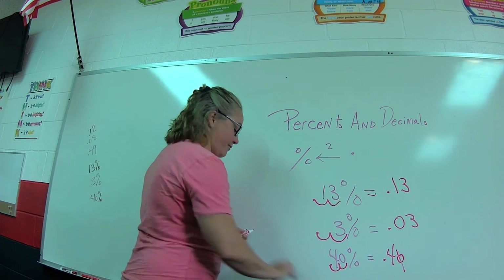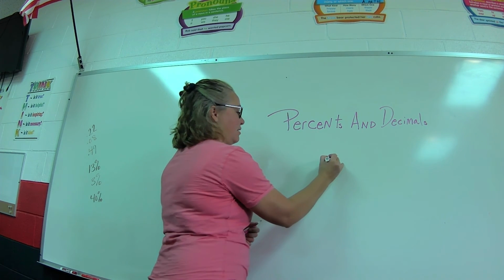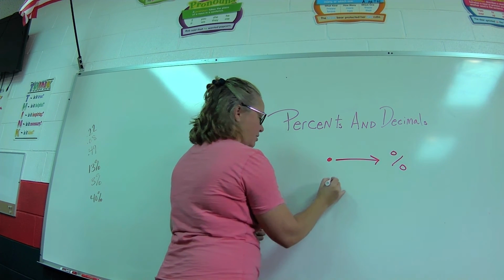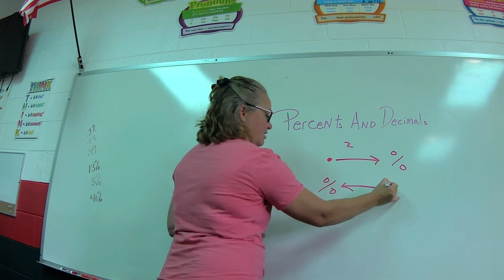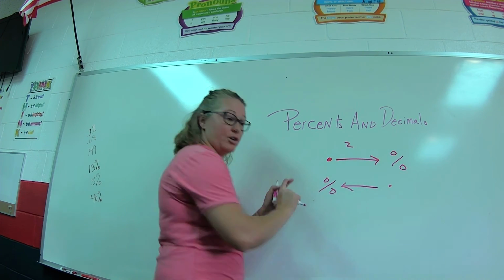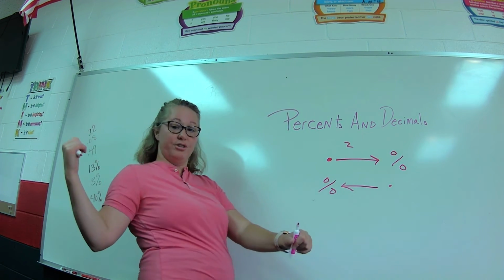All right, so we have the rules. Again, decimal to percent, go to the right. Percent to decimal, go to the left.